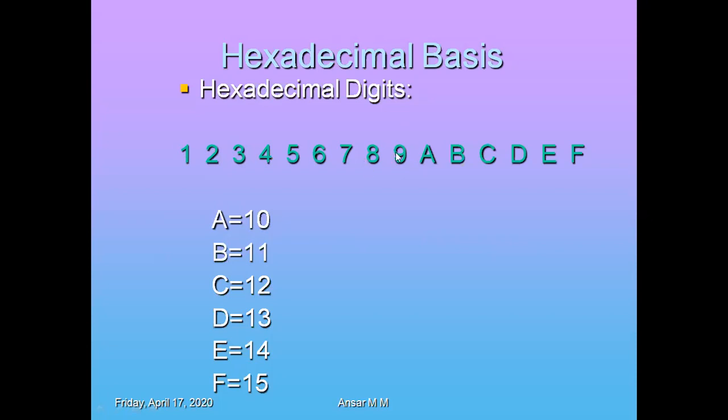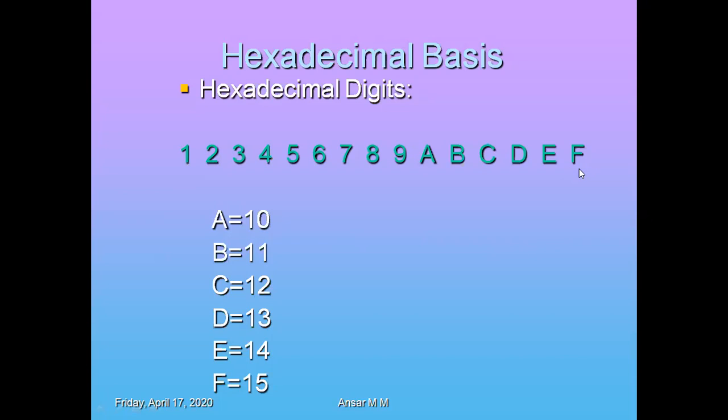After 9, the decimal number 10 is represented in hexadecimal as A, capital letter A. This A is the hexadecimal digit equivalent to the decimal number 10. B indicates the decimal number 11. In the same way, C is 12, D is 13, E is 14, F is 15. So in the hexadecimal numbering system, 0 to F are the 16 digits.